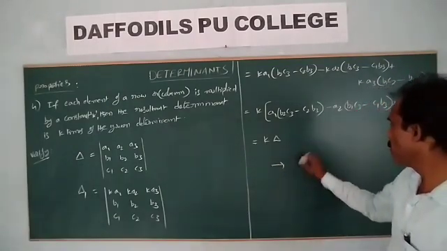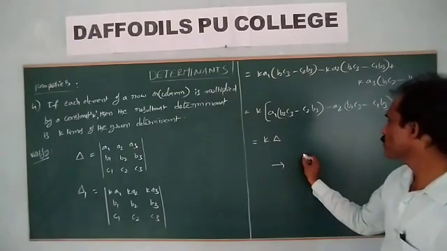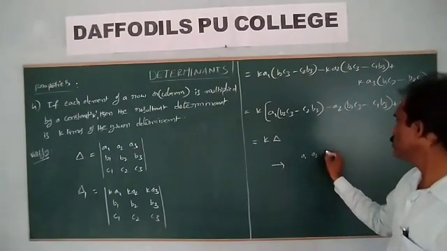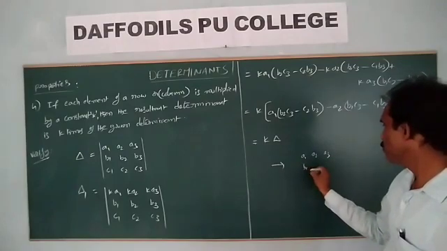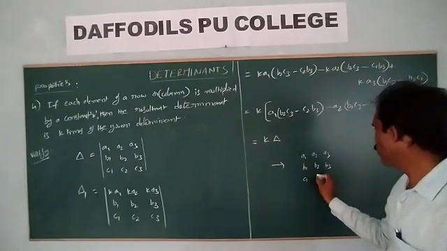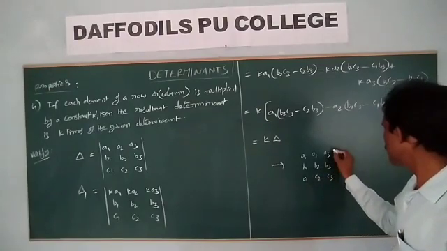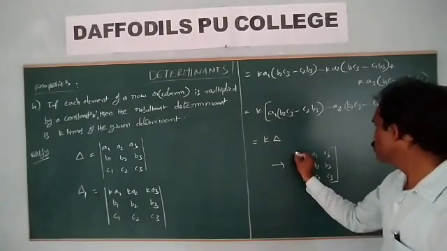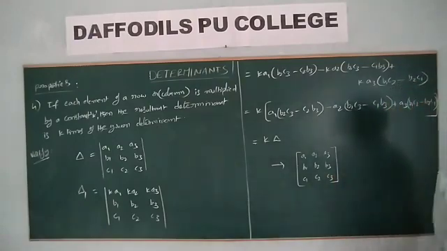Suppose A1, A2, A3, B1, B2, B3, C1, C2, C3 is the matrix.